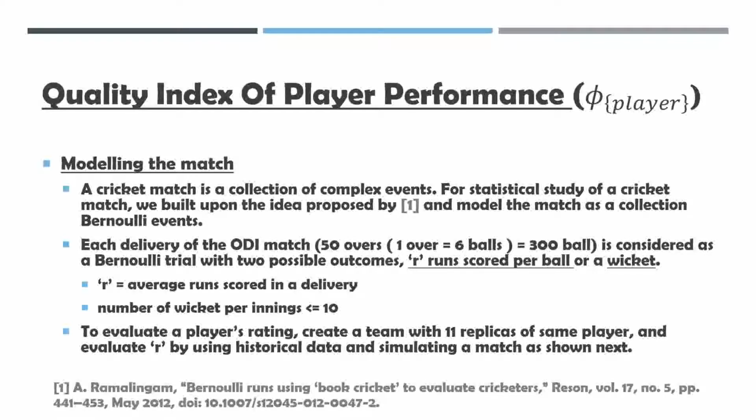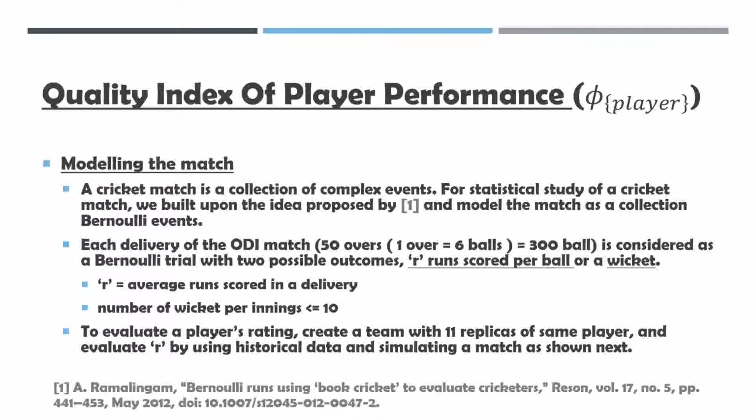So, a cricket match is essentially a collection of complex events, and for ease of statistical analysis, we abstracted out these complexities and built on the idea proposed by the work mentioned here, modeling our match as a collection of Bernoulli events, where each delivery is a Bernoulli trial. So for a particular delivery, we have two possible outcomes.